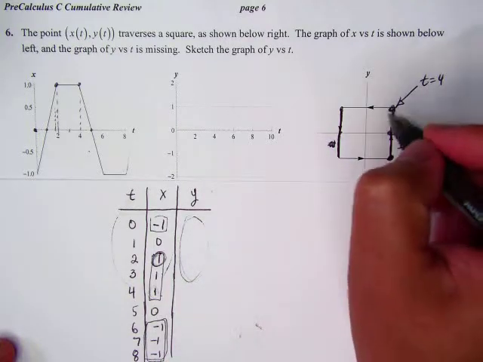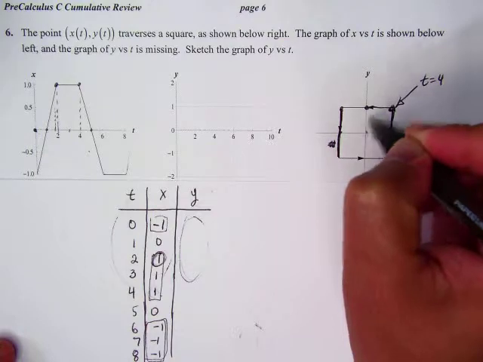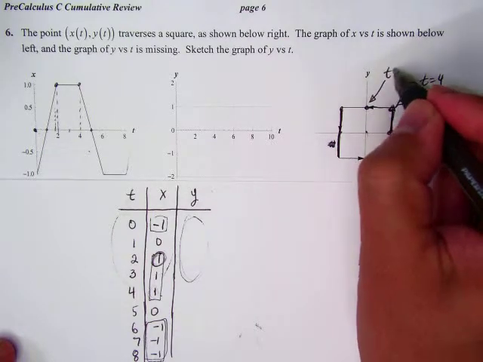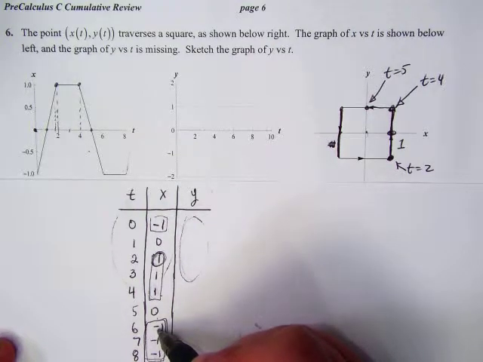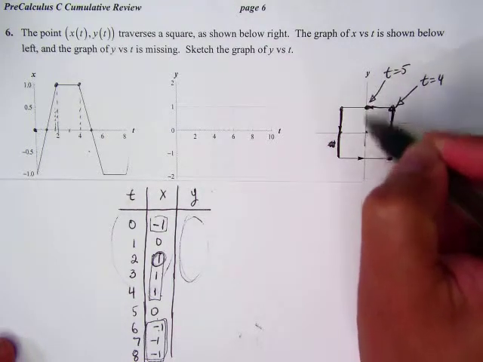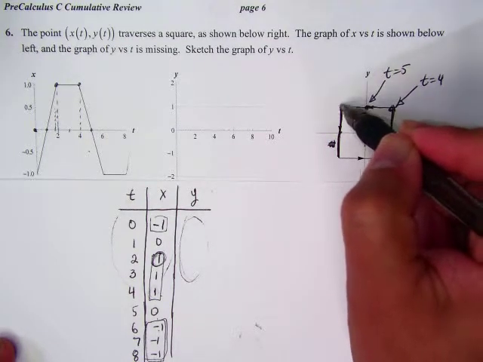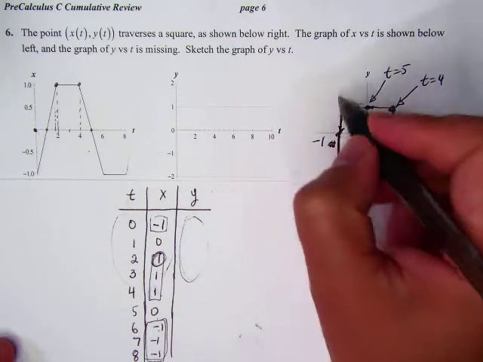Then it goes back to 0. So it makes sense that as it travels along here, then it ends up at x equals 0. So this looks like t equals 5. And it now goes to x equals negative 1 by the time t is equal to 6, which would make sense. If you're here at x equals 0 and start moving this way, you end up at x equals negative 1.